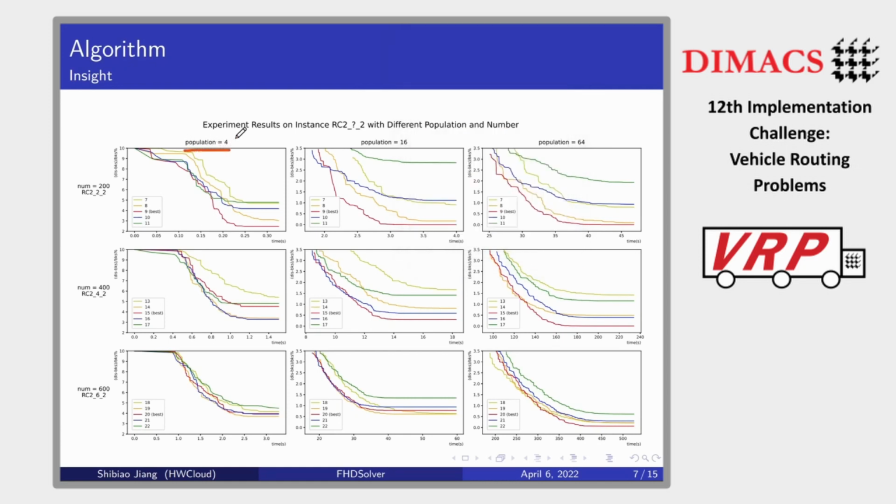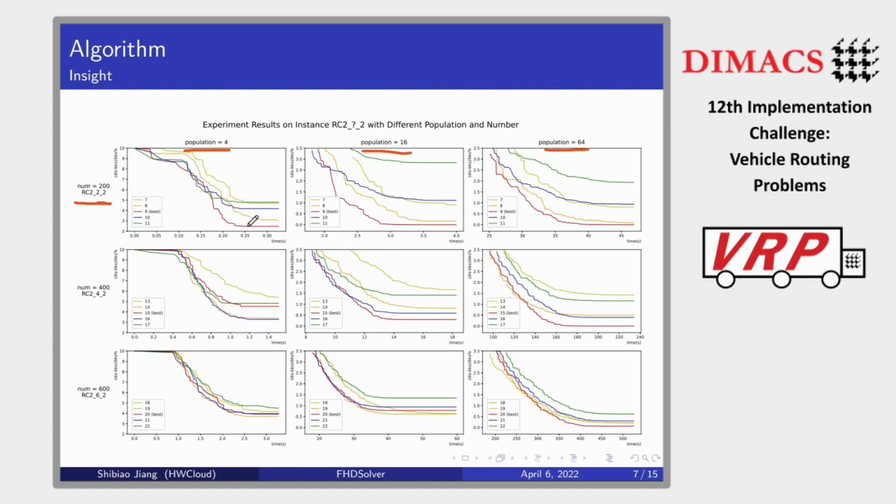We fix the population size to 4, to 16, and to 64. We just run the population-based algorithms once until all the solutions converge. And first, we look at this line for the instance with n equals 200. And there are many colorful curves in the picture.